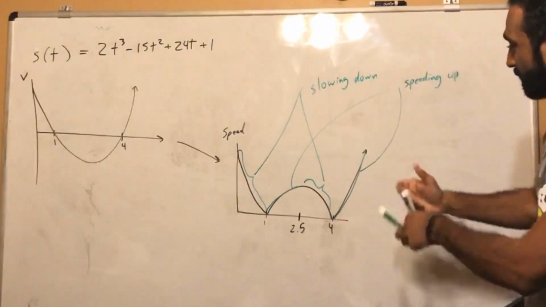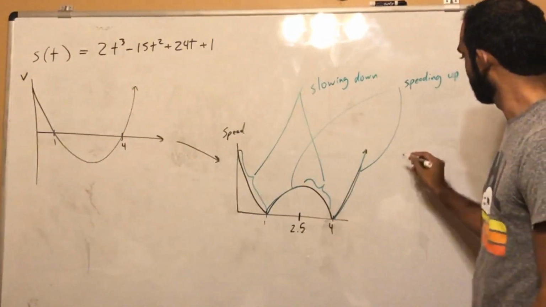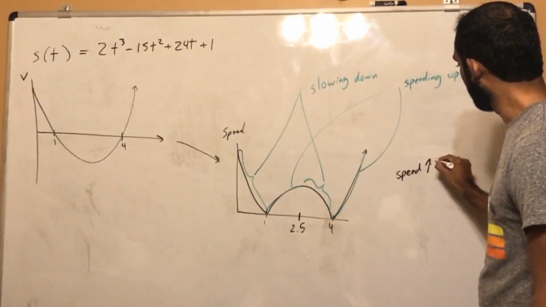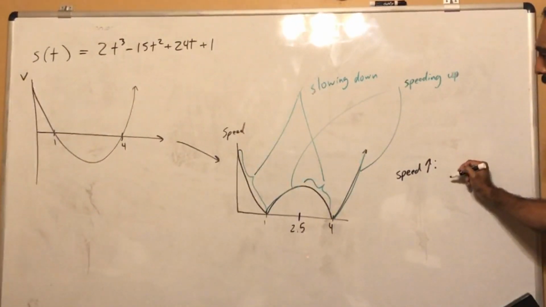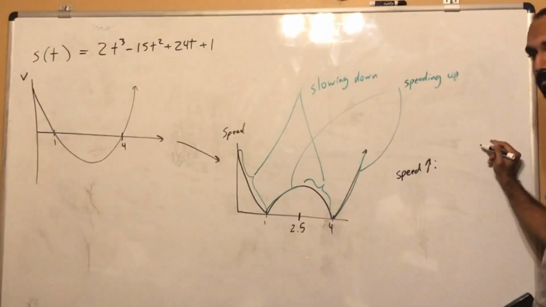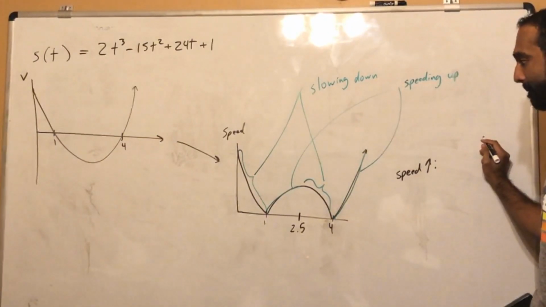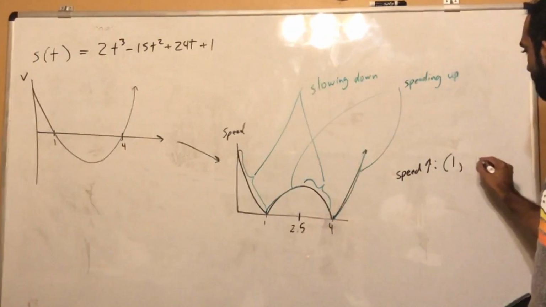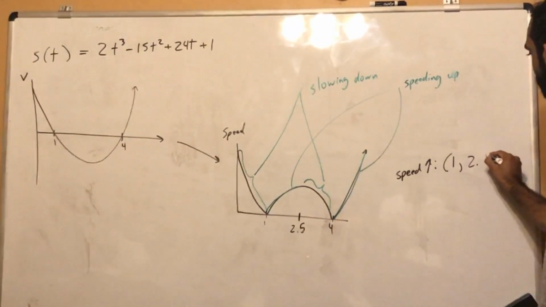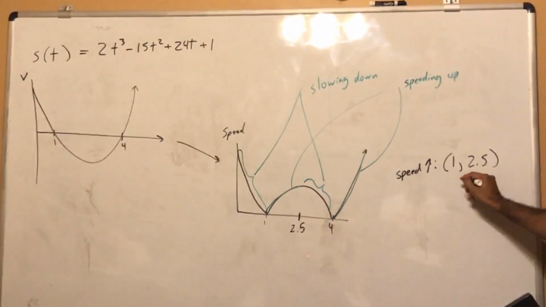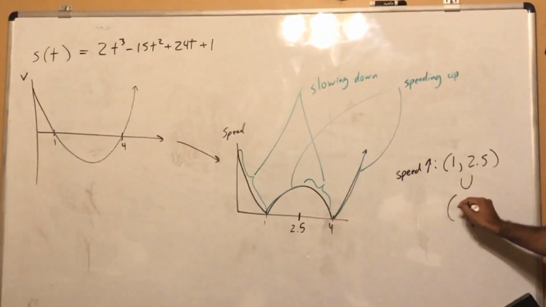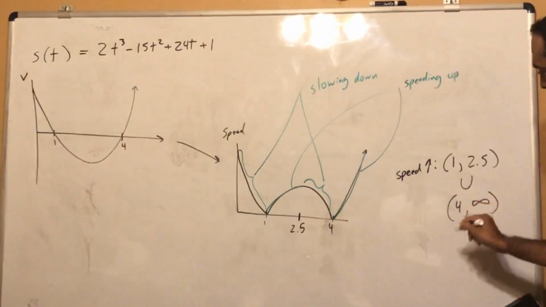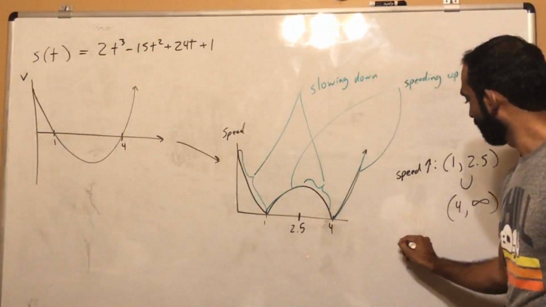So let's always put this in interval notation like so. Speeding up. So how do I write this in interval notation? Speeding up, 1 to 2.5. Parentheses 1 comma 2.5 parentheses, union, parentheses 4 comma positive infinity parentheses. Exactly.